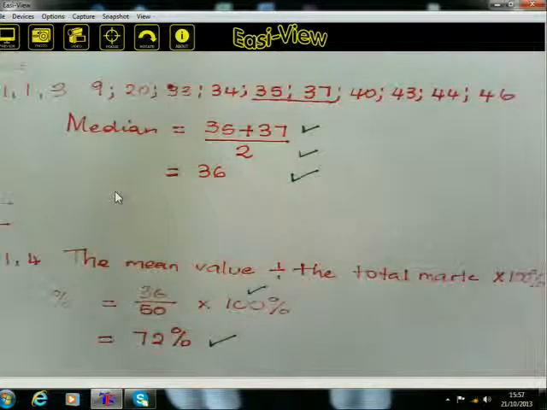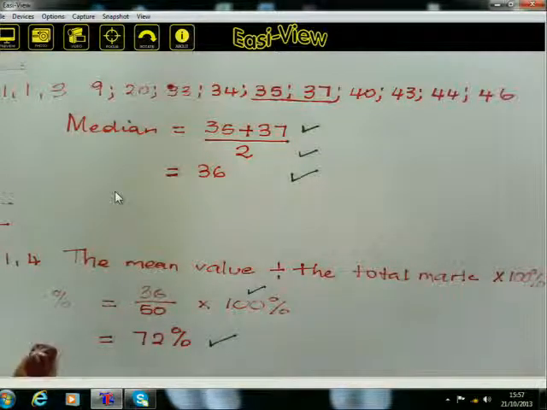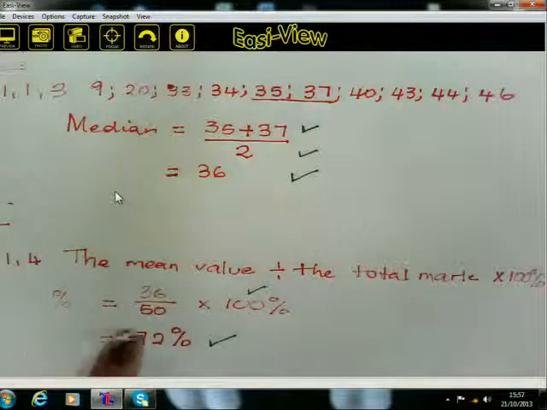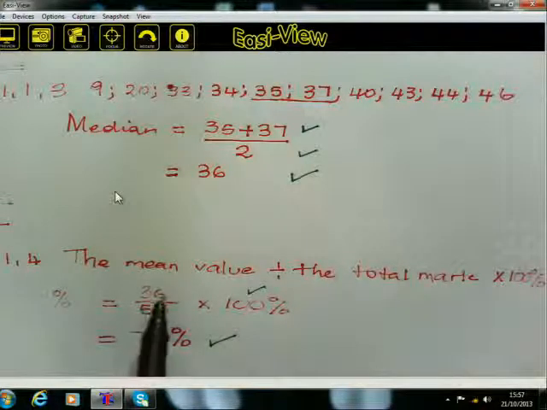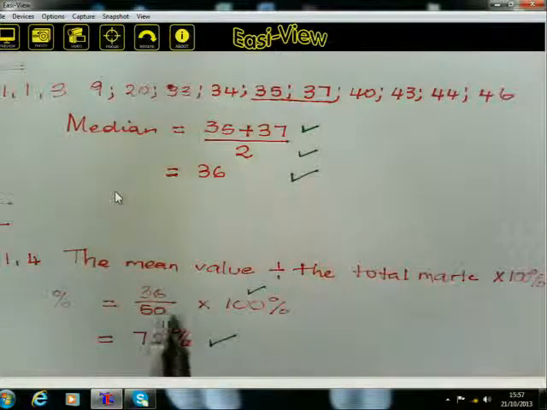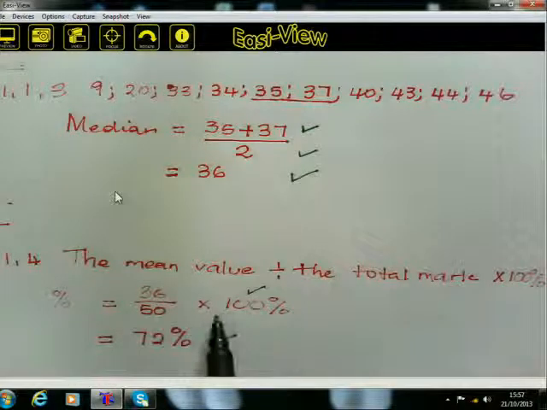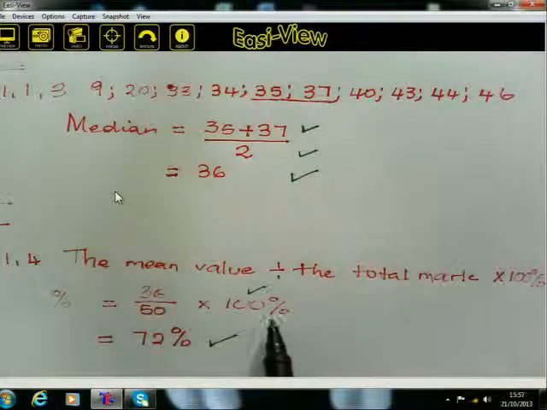So this was the answer that was expected from 1.1.4. Remember, when you had to find a percentage, you had to find the mean value, which was 36, then you divide it by 50, you multiply it by 100%. Your answer should be in percentage, which is 72.